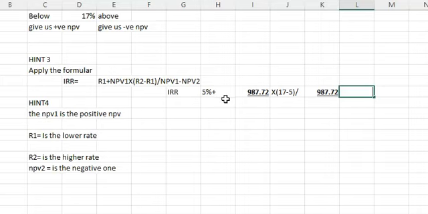So if NPV2 is a negative NPV, and in the formula there is a minus, the minus will give us a plus. So we'll say plus 160.39. This was our negative NPV. Okay.